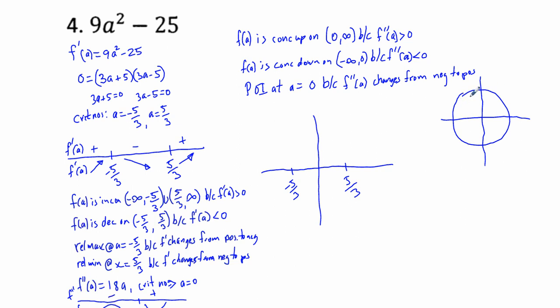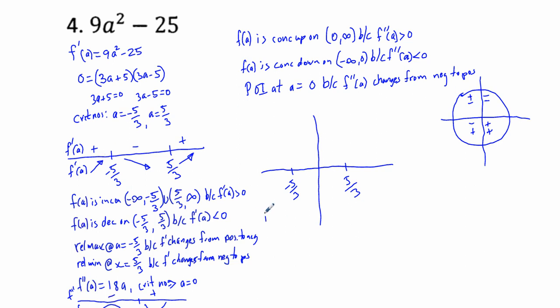So we are increasing concave down, decreasing concave down, decreasing concave up, increasing concave up. Okay, to the left of negative 5/3, we're increasing concave down, so it's going to be a plus minus, right?